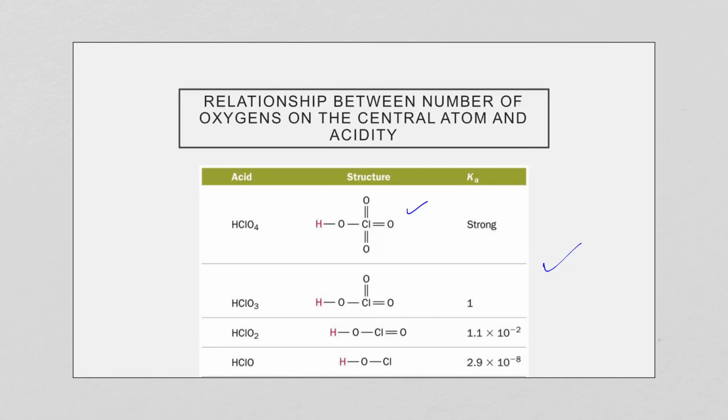And so anything that makes that bond to the hydrogen weaker is going to make it a stronger acid. Whether that's a more electronegative atom, or attaching more atoms to pull the electrons away, or making that bond longer, like putting a bigger atom there, anything that makes that bond weaker is going to increase the acidity because it makes that hydrogen easier to lose.